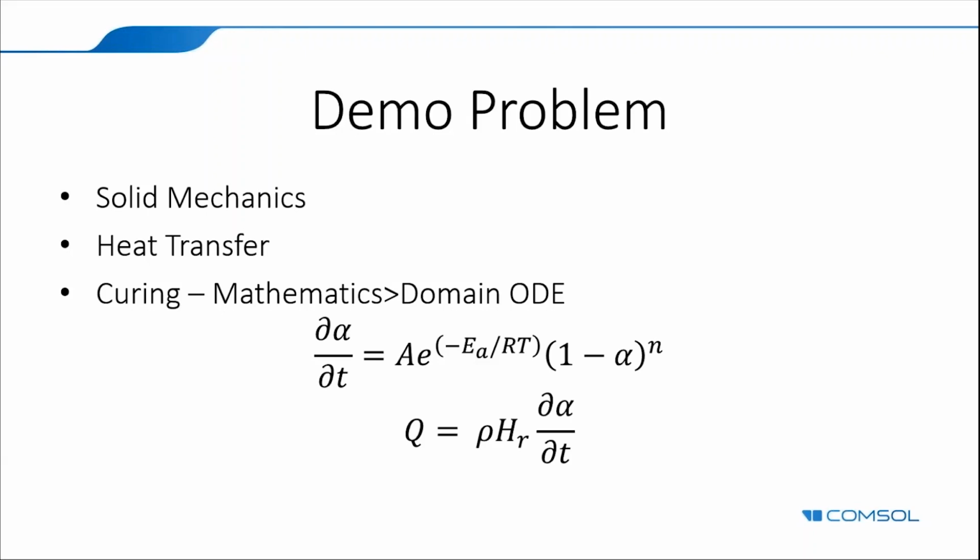In this particular equation, you see the effect of temperature, activation energy, and the degree of curing on heat generation and the curing rate itself. Since the temperature varies from point to point, the heat generation and curing rate are going to be heterogeneous as well. That is why instead of using the global ODE interface, we will use the domain ODE interface to solve for a distribution.